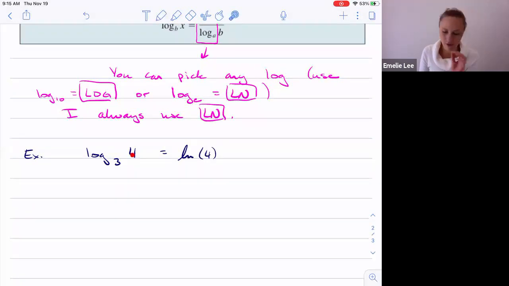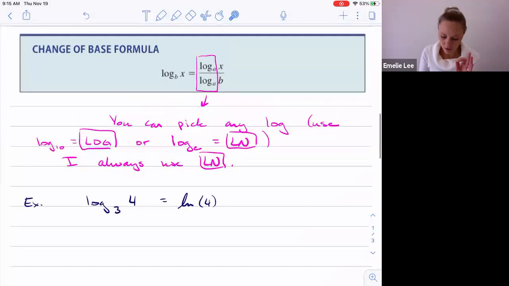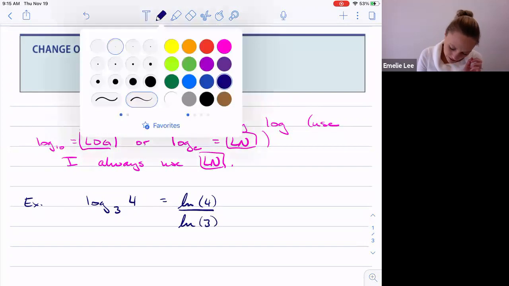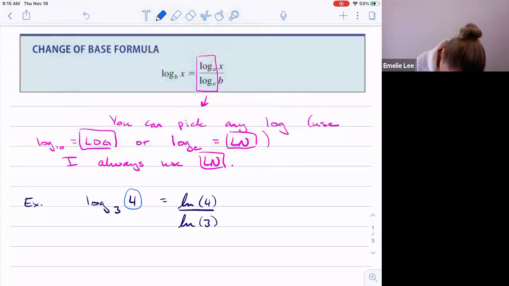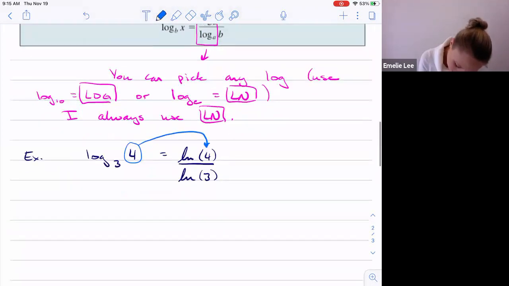So whatever I'm taking the log of goes in the numerator, and then the base, the ln of 3 in this case, goes in the denominator. So I'll make a note here that this went here, and this went here.